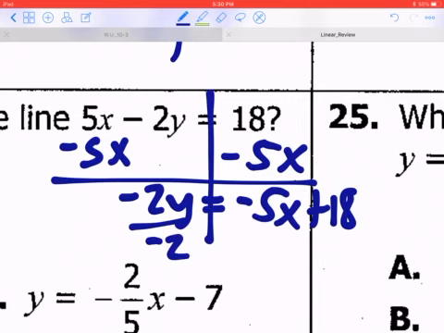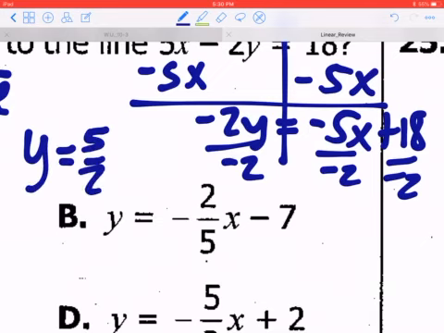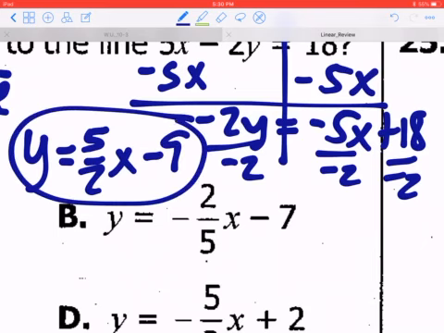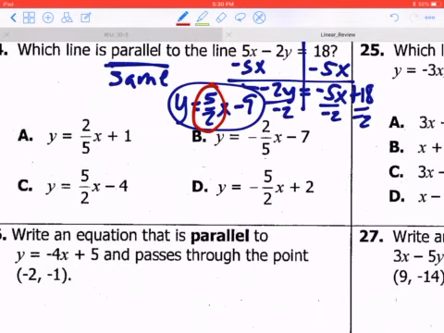We divide everything by negative 2. So we have y equals 5 over 2x minus 9. So we're not looking for the exact equation, but one that has the same slope. The one that has the same slope is C.